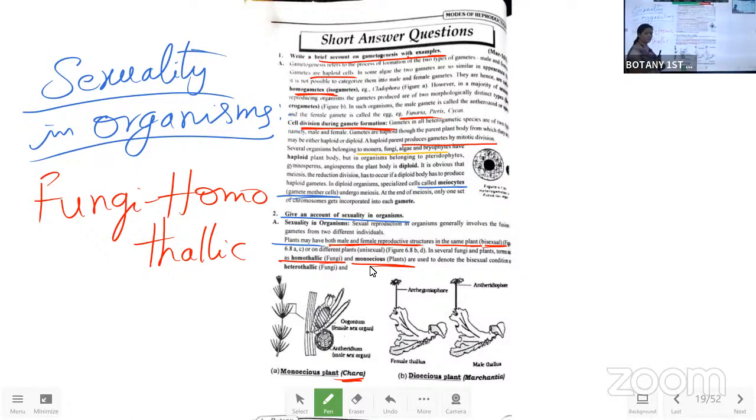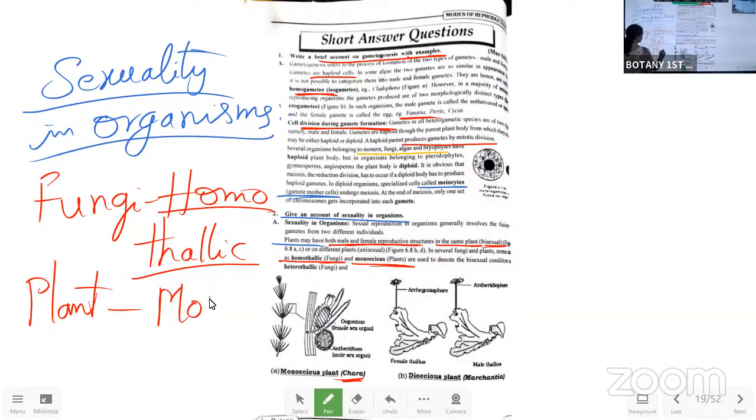Don't get confused. The thallus means undistinguishable plant body. Primitive organisms are having that. But for the fungal body, we will call it a mycelium. Here we call those fungal organisms which are having both the sex organs on the same fungus homothallic. And for the plants, we will use the word monoecious.